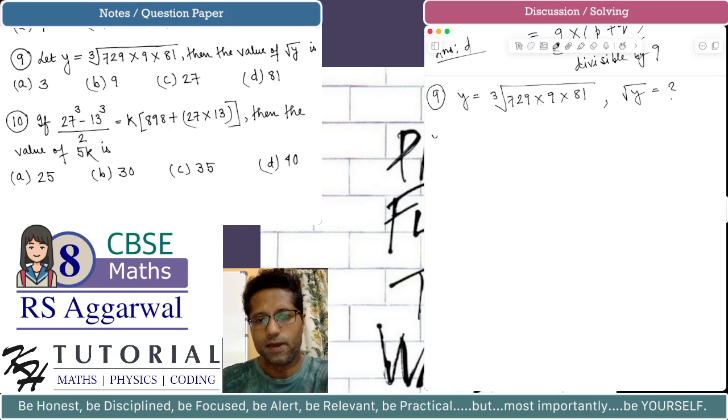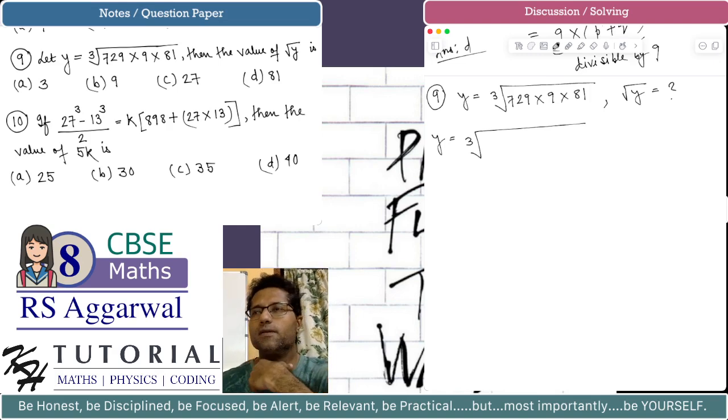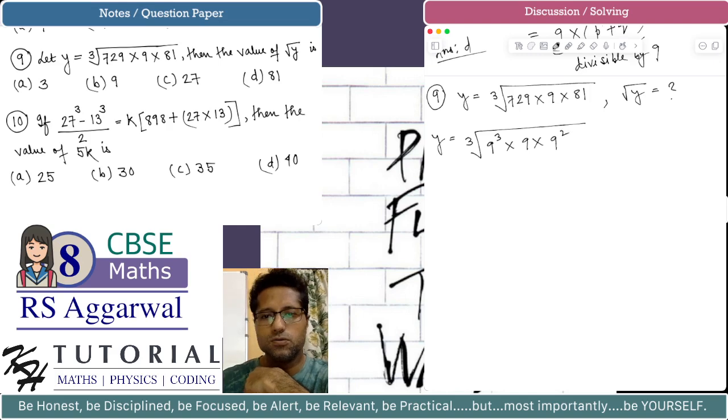Okay, so y is given as cube root of 729 multiplied by 9 multiplied by 81. Now 729 is cube of 9, and we have 9, and 81 is 9 square. So this is equal to cube root of 9 cube multiplied by 9 cube.